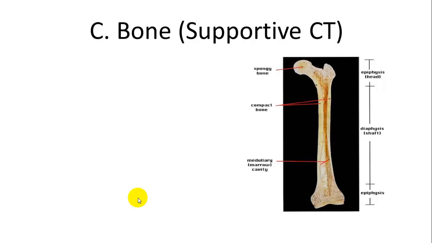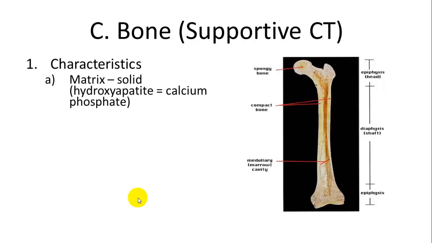All right, our next supportive connective tissue is bone. The matrix in this one is unique because it is completely solid, and this is due to hydroxyapatite, which is a calcium phosphate. But it also has lots of collagen in there. Individually, collagen by itself or hydroxyapatite by itself would not make a good bone, but combined, they allow for flexibility and strength without being brittle.